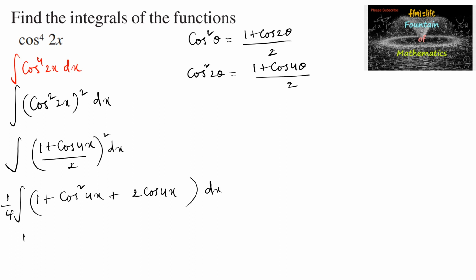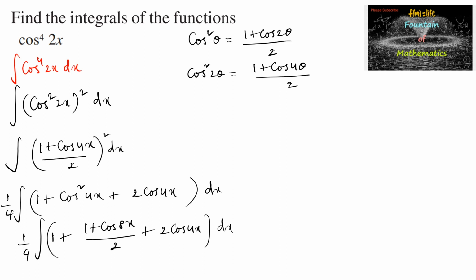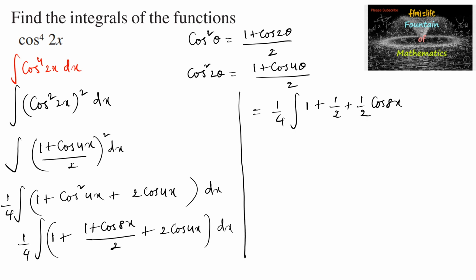On simplifying you can write 1 by 4 integration of 1, and again cos square 4x we can write (1 plus cos 2 times 4x, that is 8x) divided by 2, plus 2 cos 4x, the whole dx, which is equal to 1 by 4 times integration of 1 plus 1 by 2 plus 1 by 2 cos 8x plus 2 times cos 4x the whole dx.